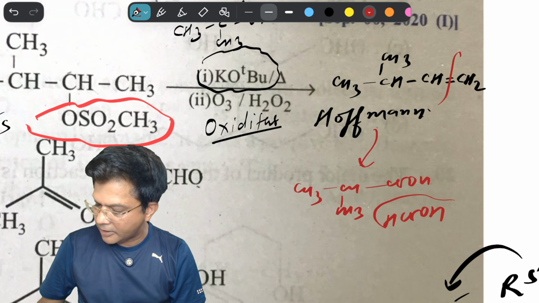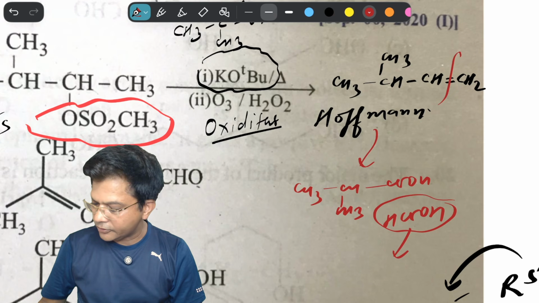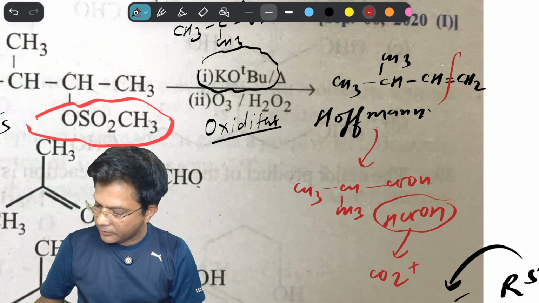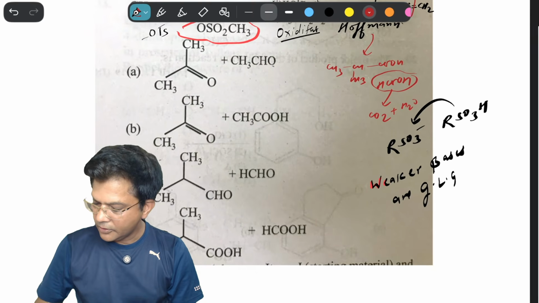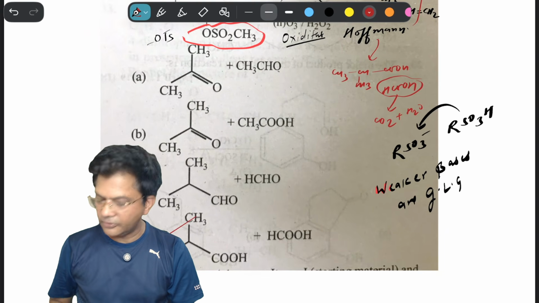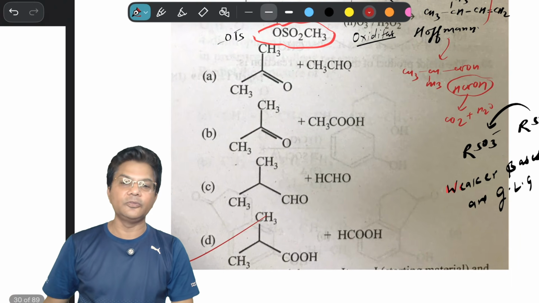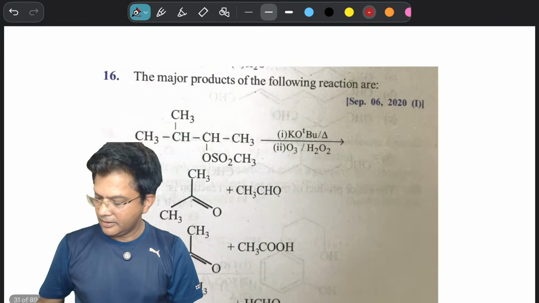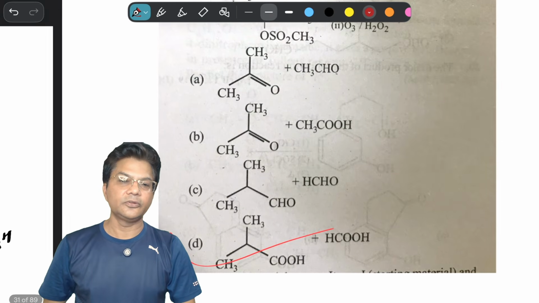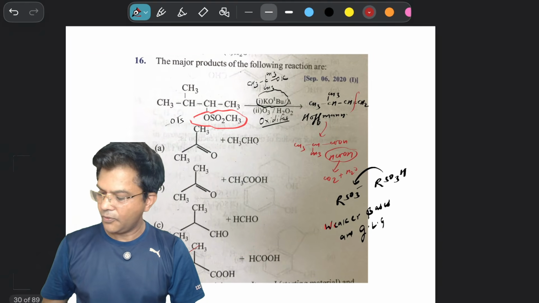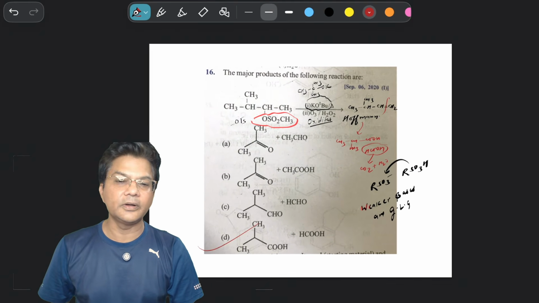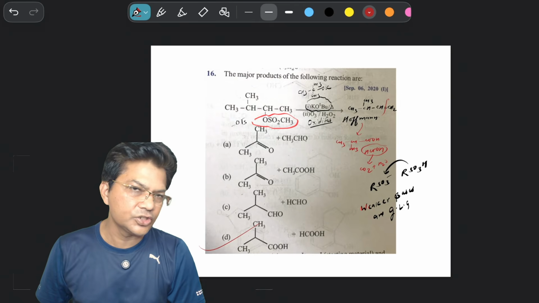HCOOH will further convert into carbon dioxide and water, and that will remain over there only. Let's see what should be the product. So clear cut, D is the correct answer. The product is being D. You can see D is your correct answer. Got it? If you want to take a screenshot of it, it's a really fantastic question.